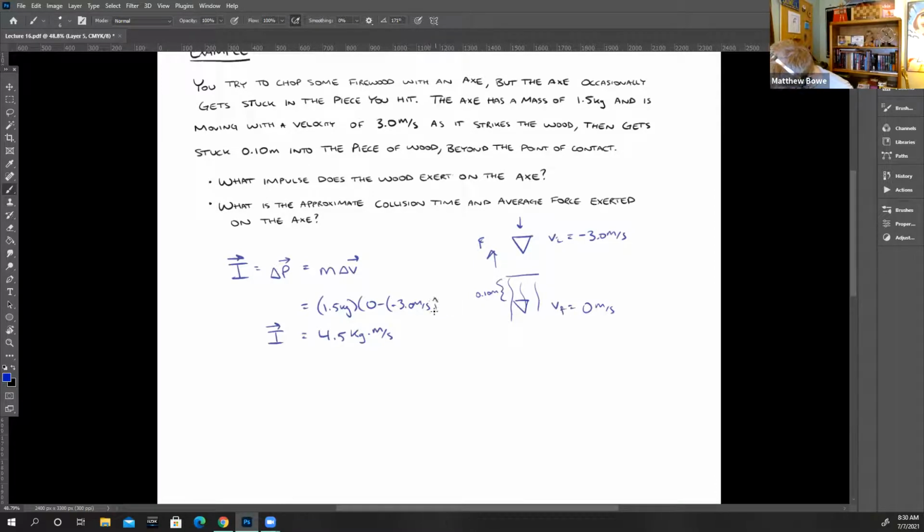So this is in the j hat direction, since it's going down, I'm clarifying the j hat direction. Not quite a Newton, but let's make it 4.5 newtons times seconds. I'm just making it into this form, so that'll help us out in a little bit.